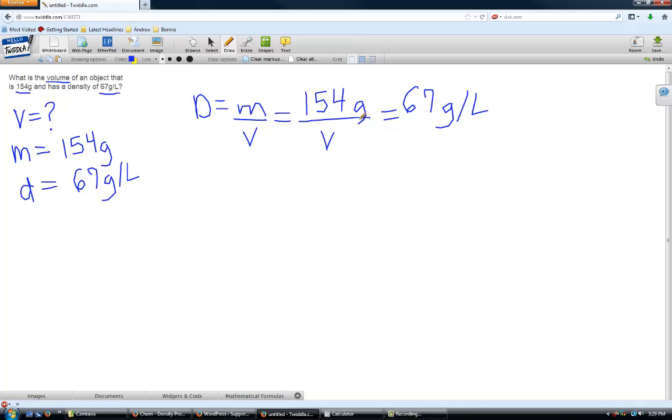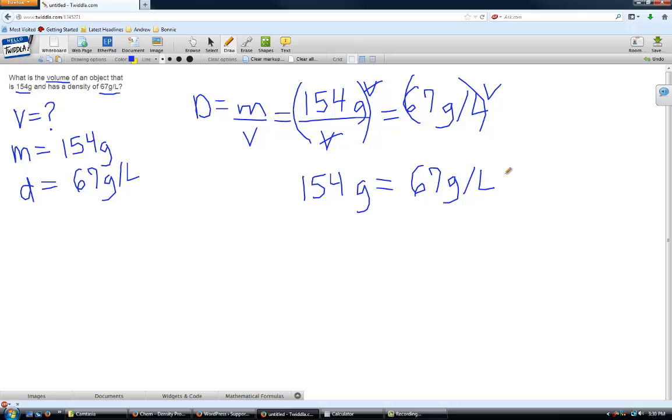The first step I'm going to take is to multiply both sides of the equation by V. So then the V's cross out on the left side. 154 grams equals 67 grams per liter times volume.